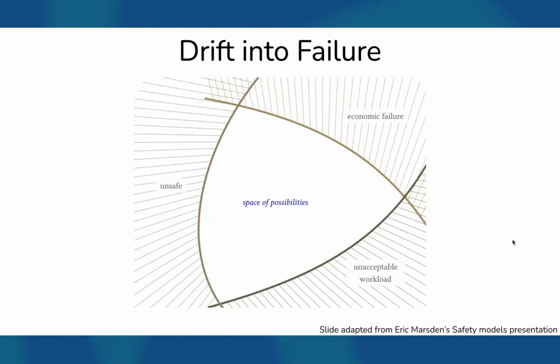Here's another systemic, or system-level, accident model. It says that we can get into the unsafe region given various different types of pressures. There might be a pressure for efficiency. There might be a pressure toward putting in less effort. And these together can make the system overall less safe. Then we can drift toward failure. This model is basically saying it's not as much a chain of events in particular.